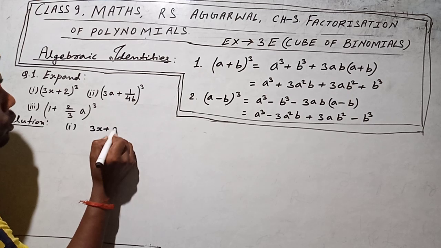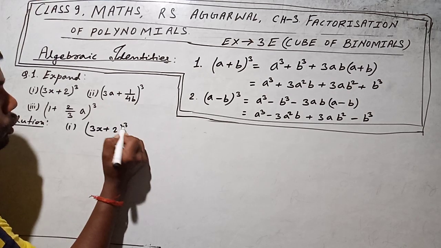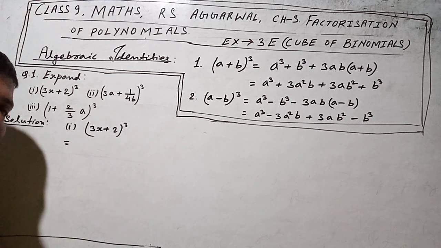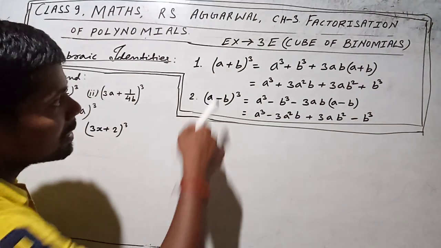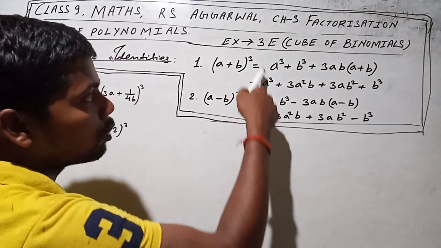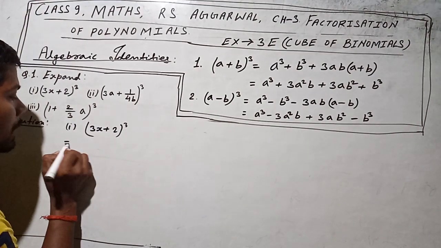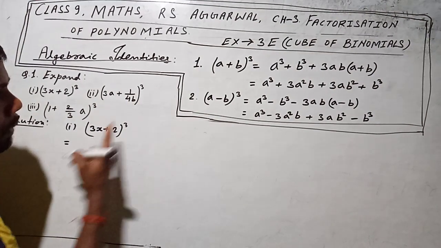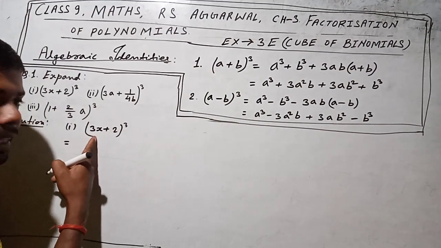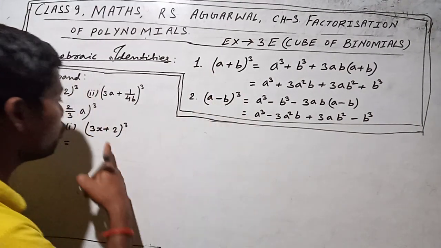(3x plus 2) whole cube can be expanded by using the identity (a plus b) whole cube. In place of a we have 3x and in place of b we have 2.